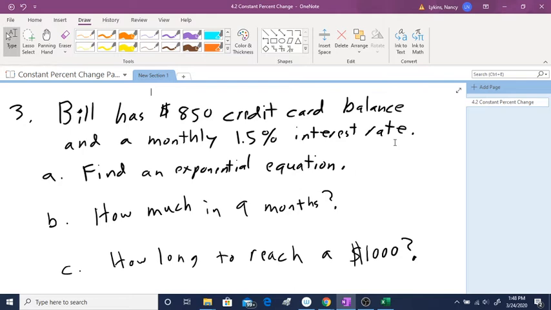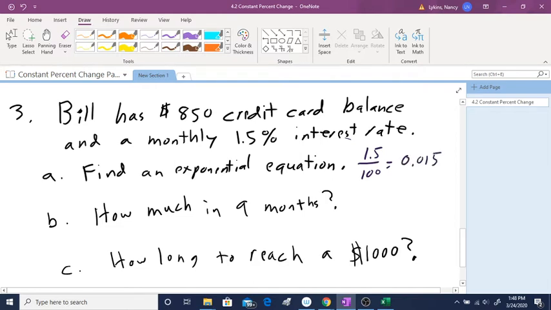So what I want you to do with anything, if I give you a percentage, instead of multiplying by 100%, you take 1.5, divide it by 100, and you get 0.015. Now, this is the rate. If you remember from our equation, N of t equals C and then parentheses 1 plus R. This is the R, this is the rate, so you have to add 1 to it.